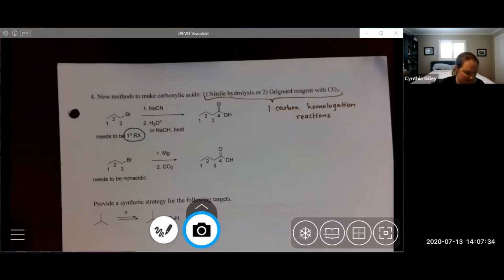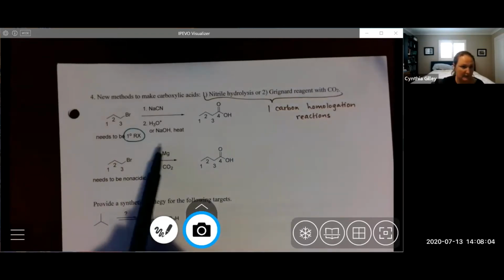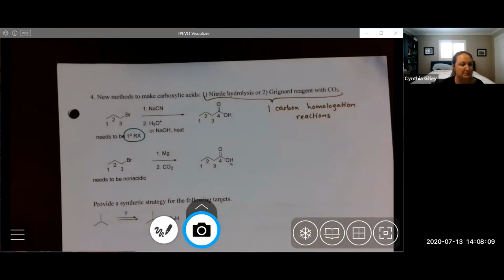It could be primary, secondary, or tertiary alkyl halide. And it could even be benzene or some sp2 hybridized carbon. Okay, so there's a lot more versatility there, but you do need to not have any other acidic protons around in a Grignard reaction, because of course it would quench the Grignard. Okay, so in this case you would need an acidic workup, even though it's not mentioned. That's where this final proton comes from.